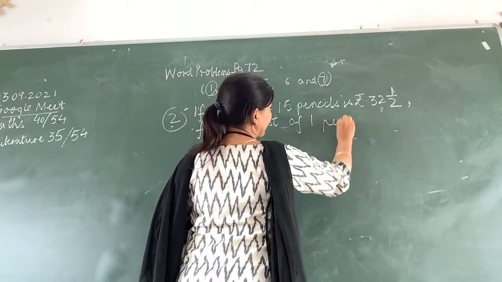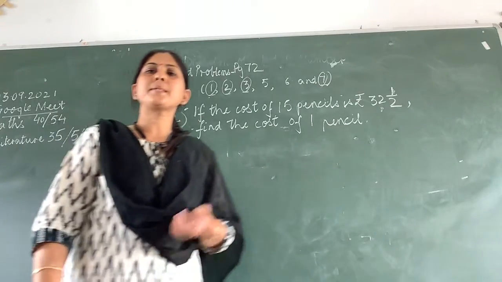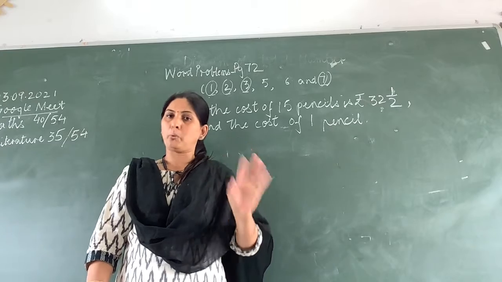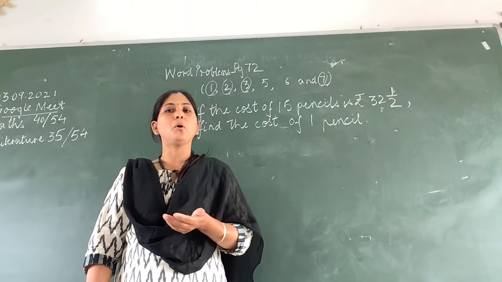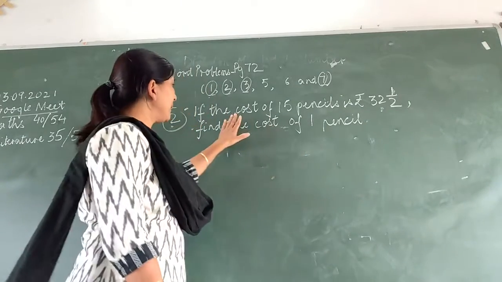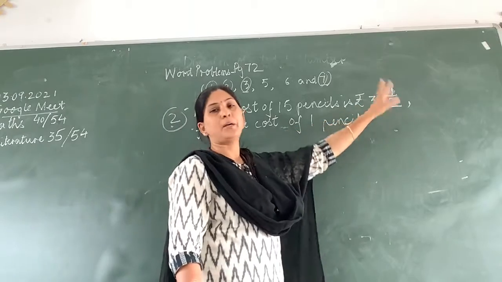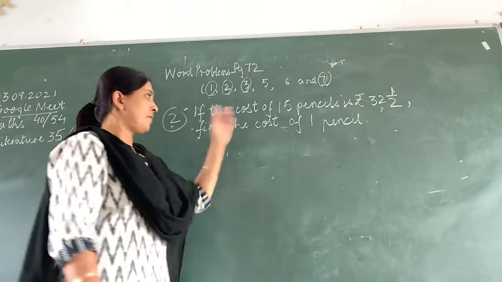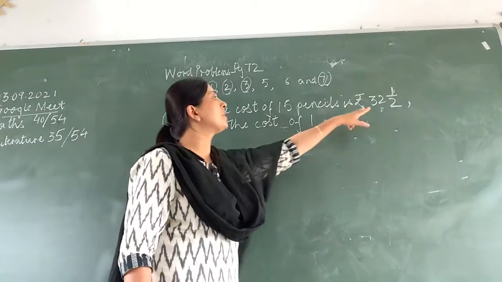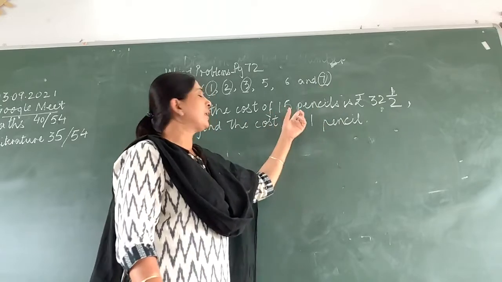Now, children, whenever we have word problems, always read the problem sum nicely, twice, thrice, and you will automatically know what the question is demanding, what is being asked to do. If the cost of 15 pencils is 32 and a half rupees, there are two things given: the cost and the number of pencils.